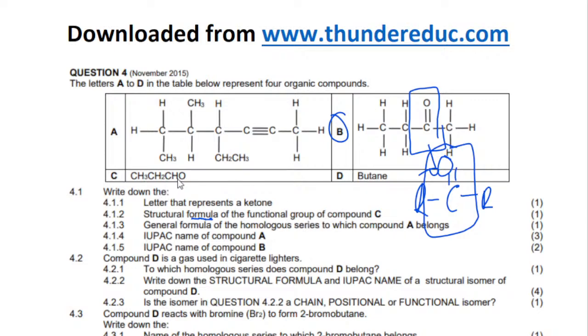If you look at compound C, it is an aldehyde. So how do we write the functional group of the aldehyde? Yes, it has an alkyl group with oxygen and then a hydrogen.